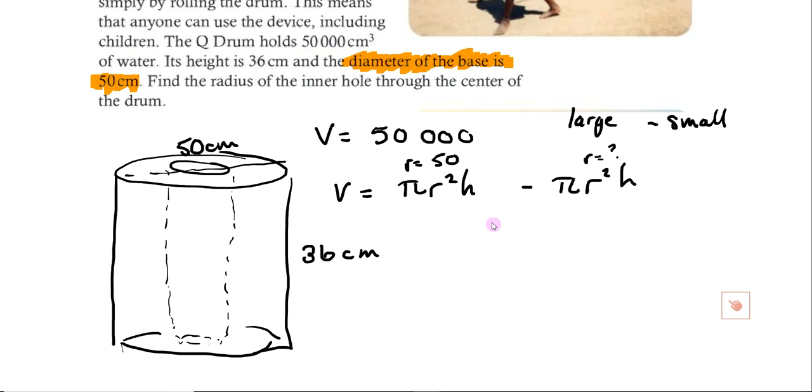How do you find the radius? Well, this is what I told you over and over and over. We put numbers in. So, volume is 50,000. This is 50 squared. Height is 36. This one got pi. I don't know r yet, but I do know that h is 36.